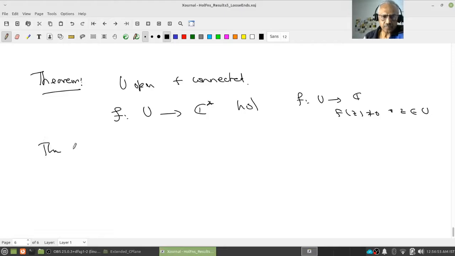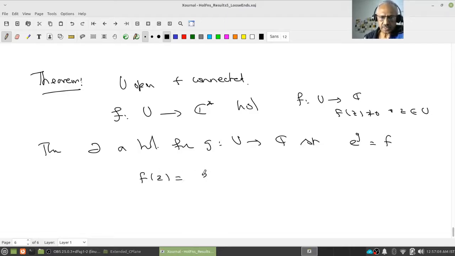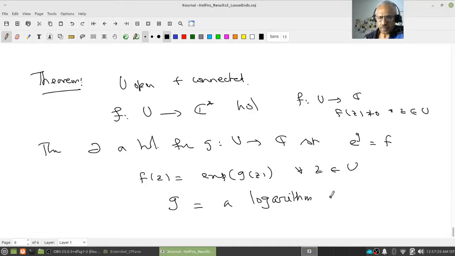Then there exists a holomorphic function g from U to C such that e to the power g is f. That is, f of z is the exponential of g of z for all z in U. We usually call g a logarithm of f.